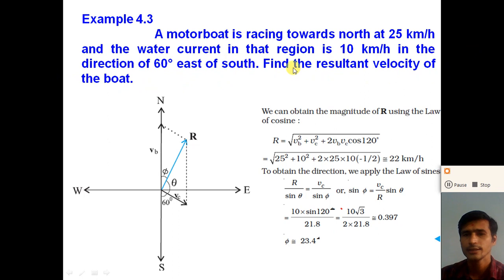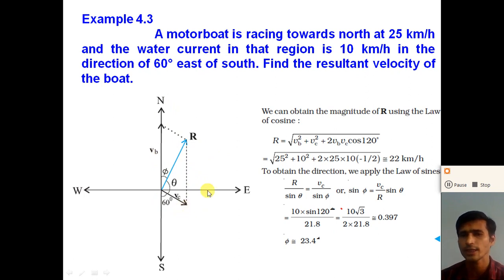Here the velocity of the boat is 25 km per hour towards the north, and the velocity of the water current is at 60 degrees with the south direction, east of south. We need to find the resultant vector. What is the angle between these two vectors? The angle here is 60, so the angle between the vector VB and the vector VC is 120.